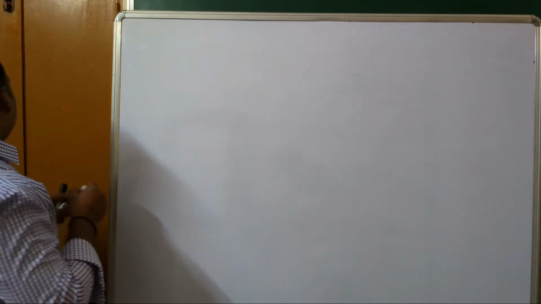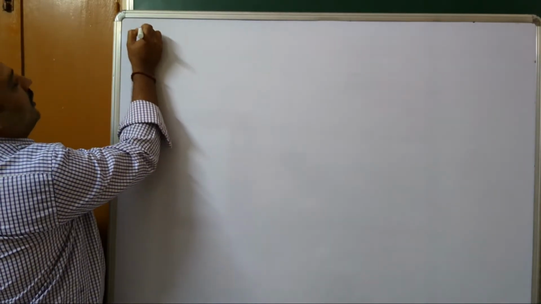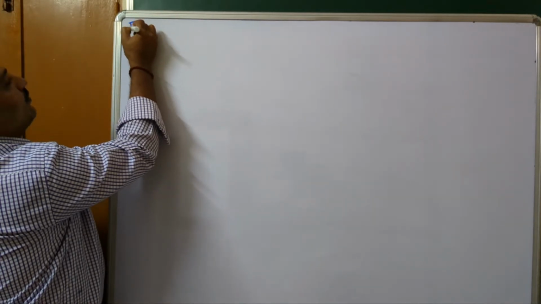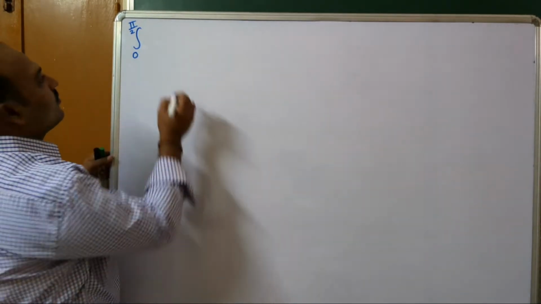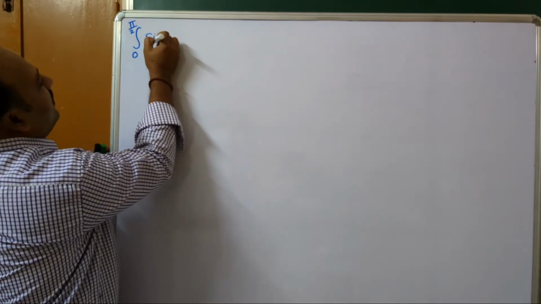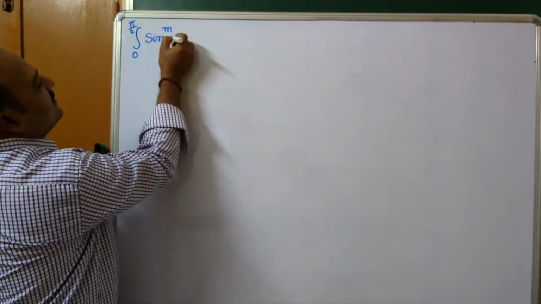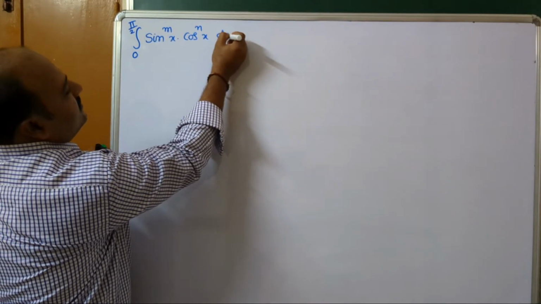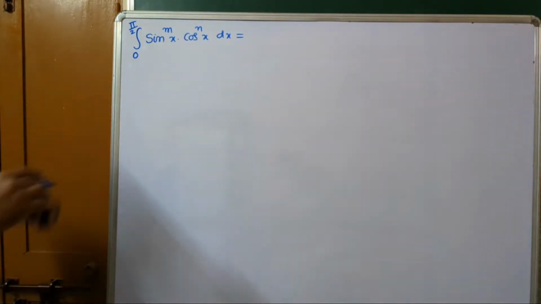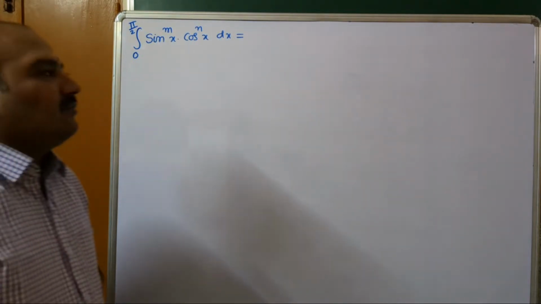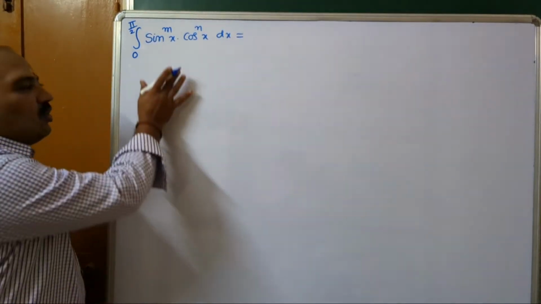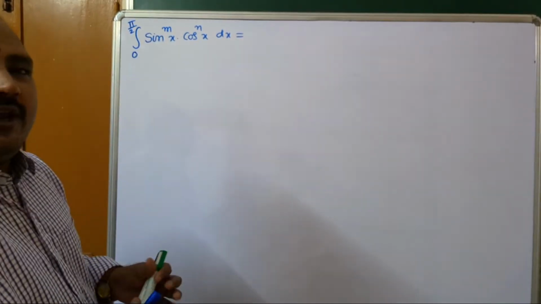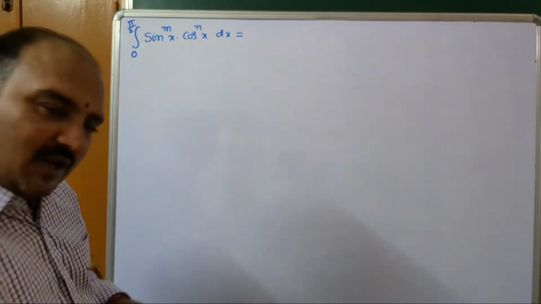Evaluate the integral 0 to pi by 2 of sine power mx into cos power nx into dx. So first I will explain the formula. Later we will do examples. 3 examples I will discuss, dear students. Don't worry. 2 to 3 minimum examples I will cover.